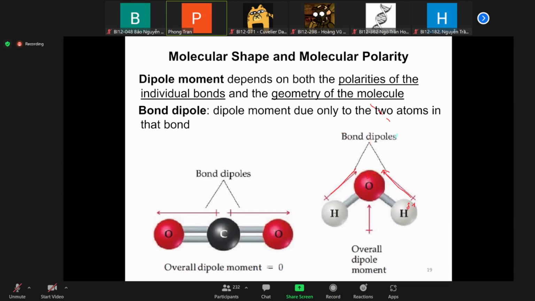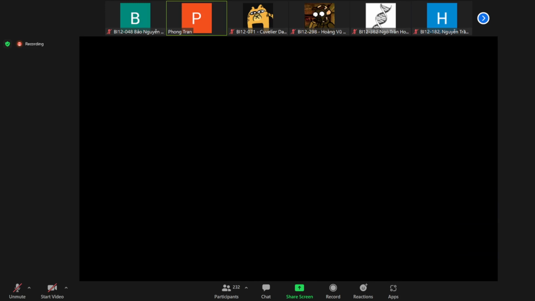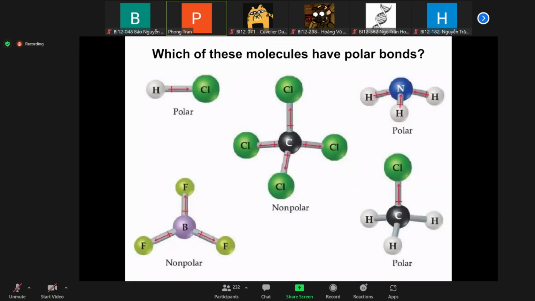So to identify the dipole moment of a molecule, first you need to identify the vector representing the dipole moment of each single bond, and then you combine the vectors. The result is the dipole moment of the whole molecule. For a diatomic molecule, like hydrogen chloride, it's quite easy.